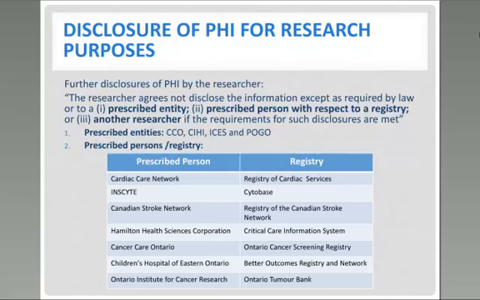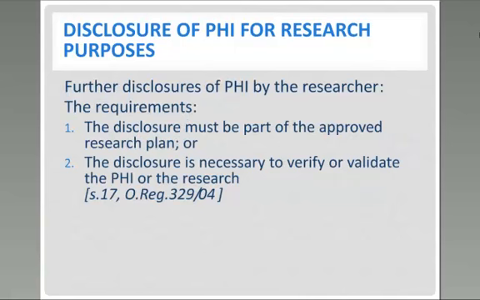So say, for example, you're looking at the integrity of the particular information that you have for your research project. And it may well be that there is another researcher that has been doing a lot of work with respect to this particular data in the database, and you wish to validate your particular data set.